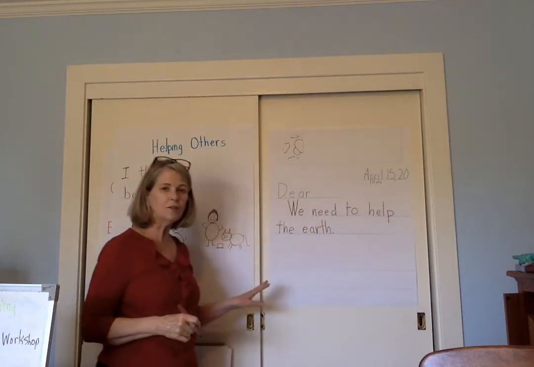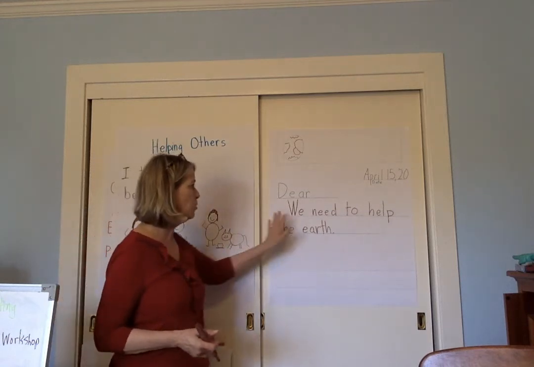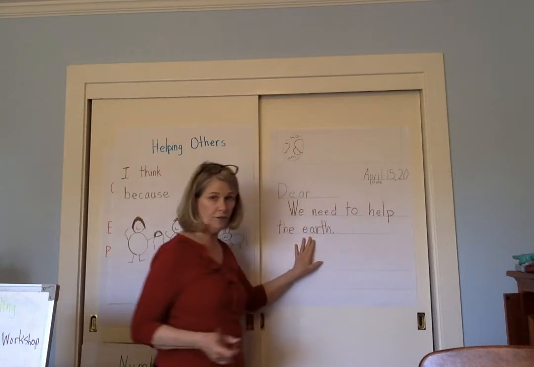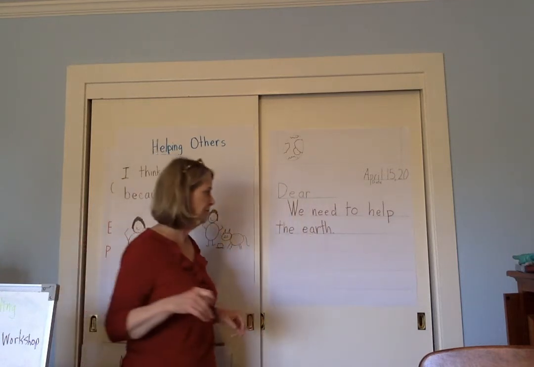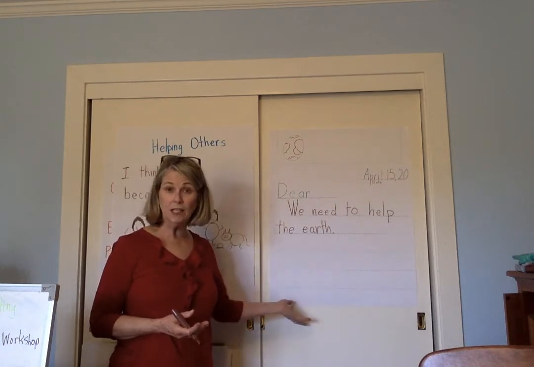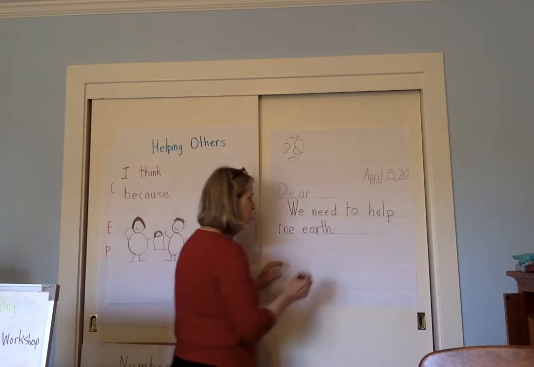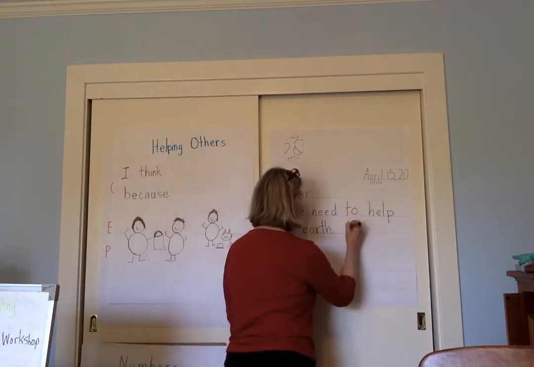I could have also started out with I think, and I could have said, I think we need to help the earth. You don't have to. Then I might want to give the person some ideas. Well, what are some ways that I could help the earth? And so I might start out by writing this.